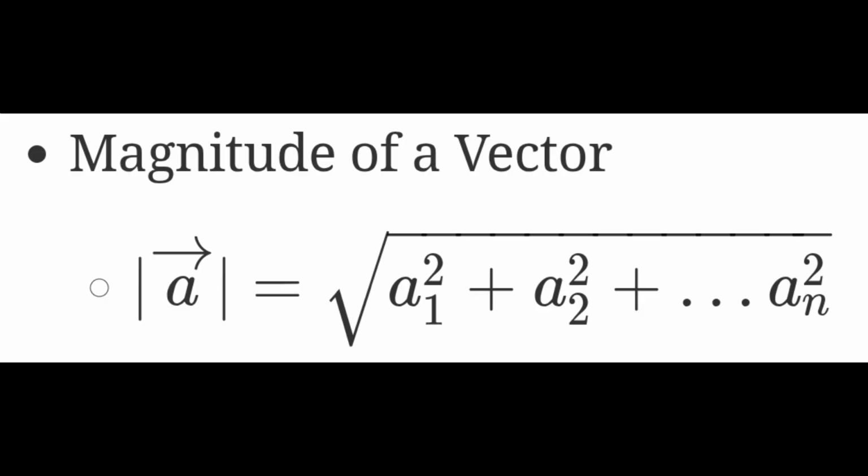So that would be for finding the magnitude of vector A. And then to do that, you take all the elements in the vector, you square each element, add them all up, and then take the square root, and that's your result. You'll notice here that this is basically pretty much just the Pythagorean theorem.